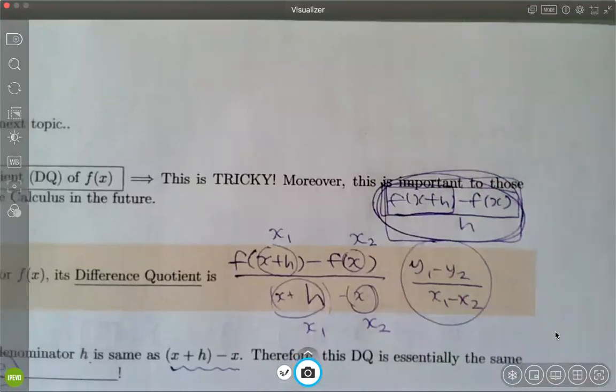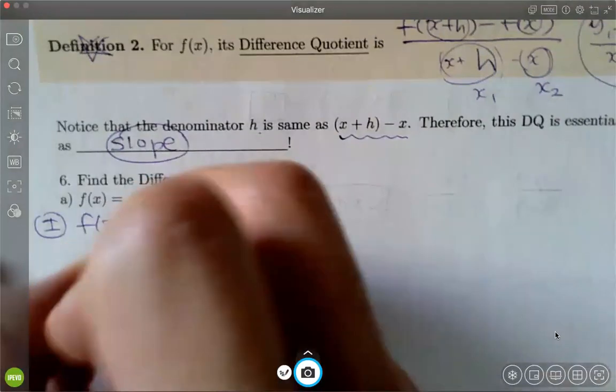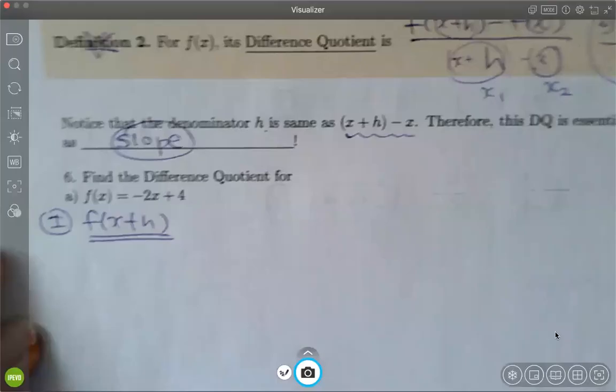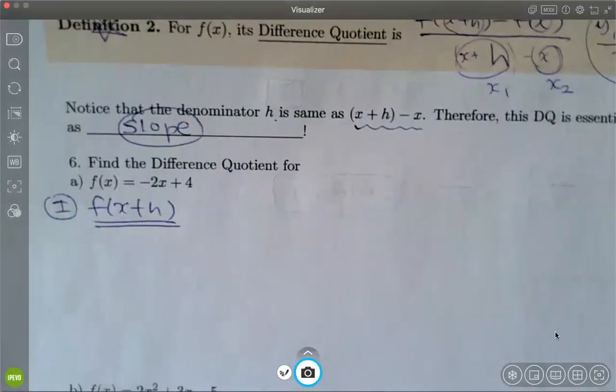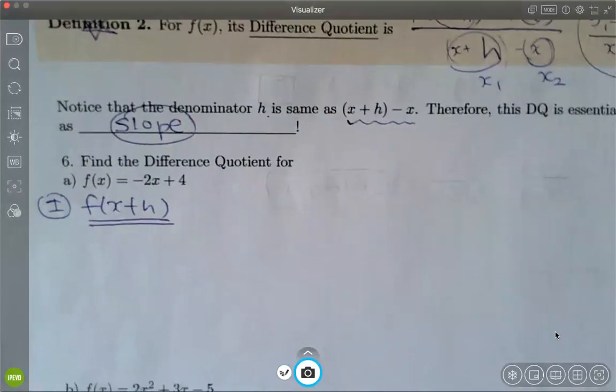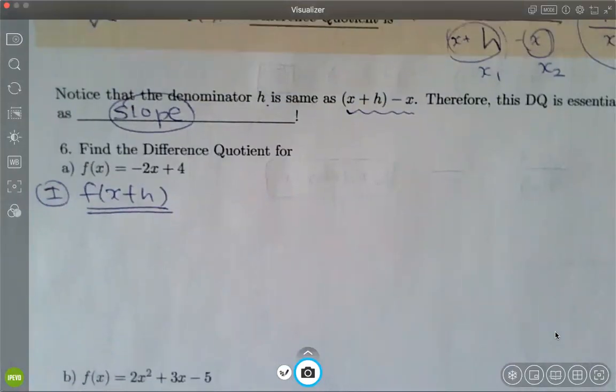So f of x plus h. What do we do here to find f of x plus h from negative 2x plus 4? Identify x and h?